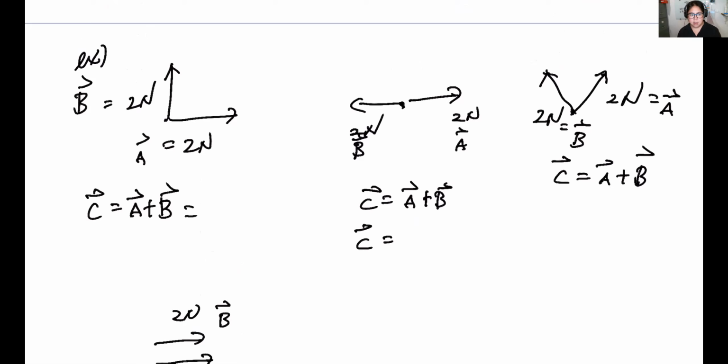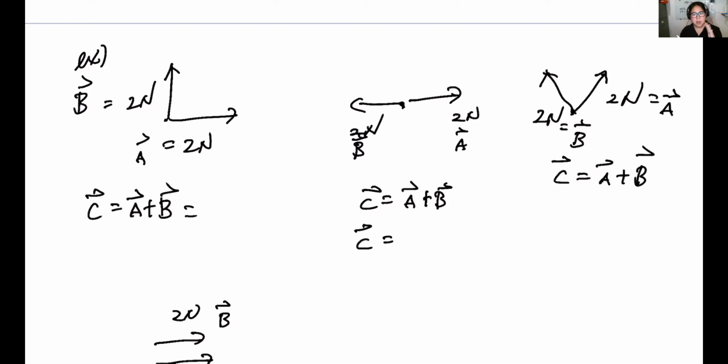And when you draw the C vector, you can measure the length with a ruler. Let's say 1 inch is 2 Newton. Then if it's 1.7 inch, you convert that to 2 Newton times 1.7, and then you can find your resultant.